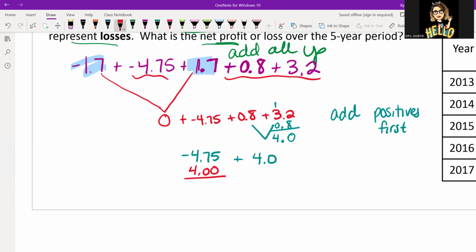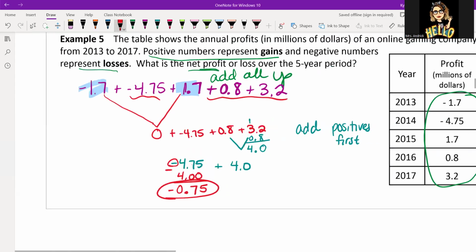They're opposite signs, so I really subtract them. 5 minus 0 is 5. 7 minus 0 is 7. Bring my decimal place down. 4 minus 4 is 0. The bigger number was negative, so I have negative 0.75. And when they're negative, remember that means losses.